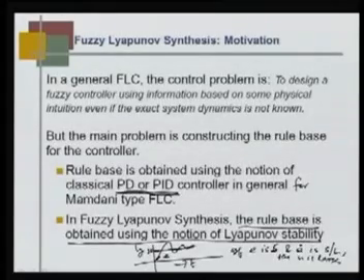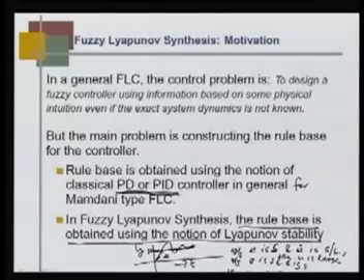By simple common sense I can write this. Similarly, if E is small in this zone and E dot is also small, then U is small, because I am already reaching the set point.